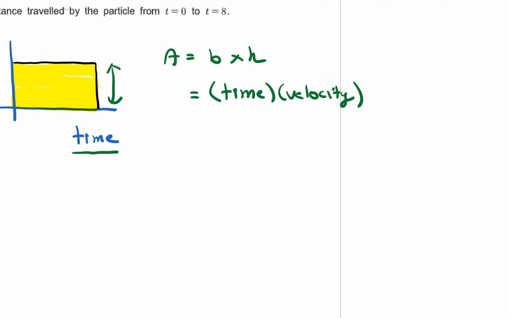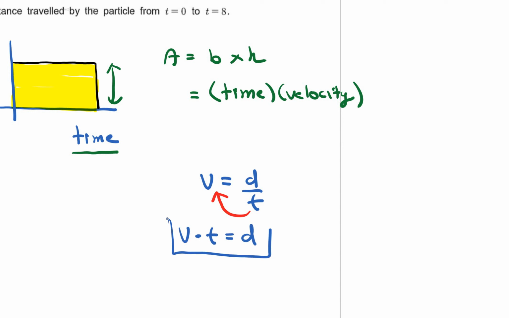Okay. If you go back to some of your classic physics equations, I know that velocity is actually just distance over time. And then if I move the t over, I have velocity times time equals the distance, right? So when I multiply time and velocity, which I have over here, velocity and time, we actually get distance. So what we're trying to say here is that the area underneath the curve for this velocity time graph represents distance.